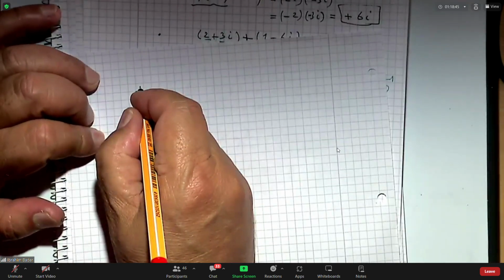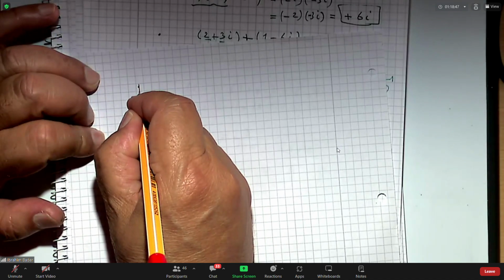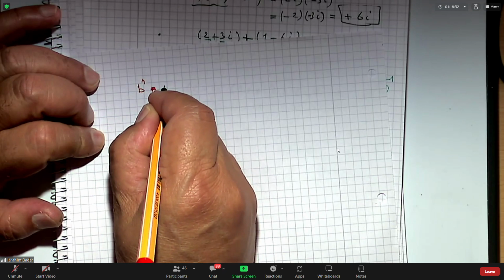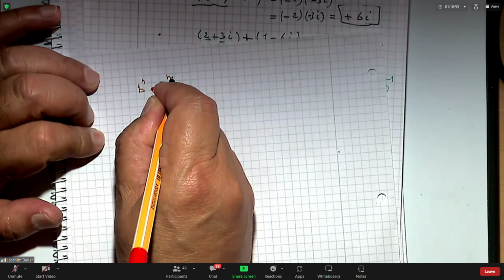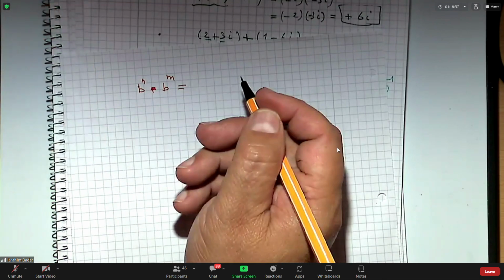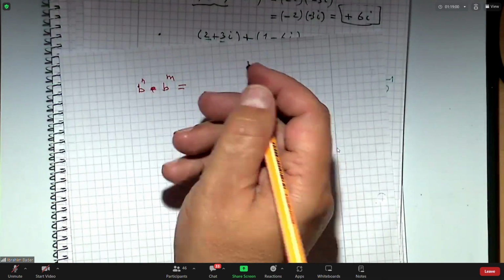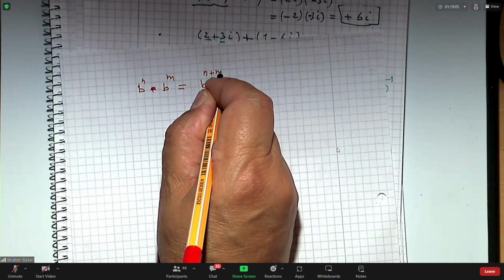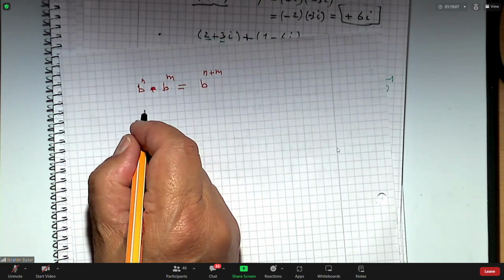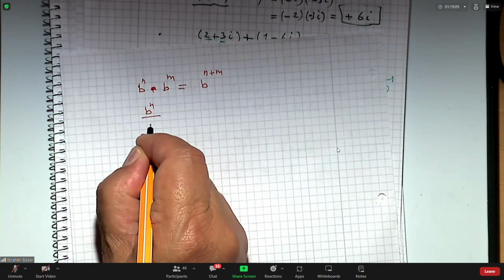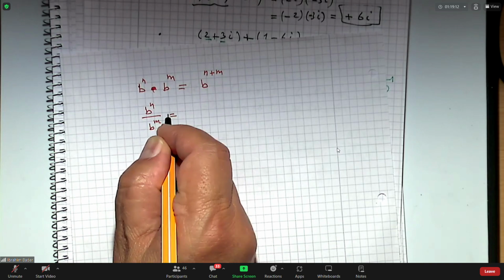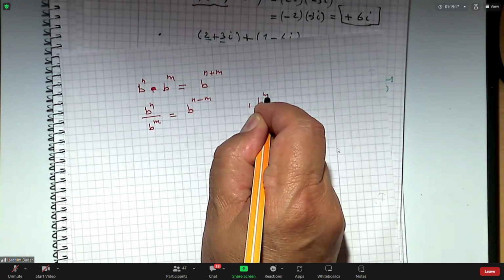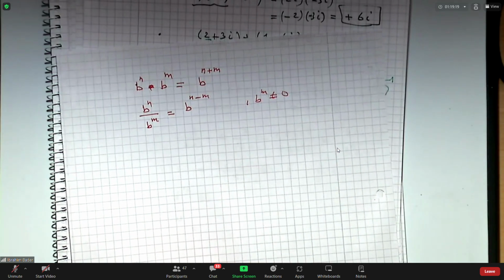So let me remind you, if I have b to the power n multiplied by b to the power m, what is the result? n plus m, right? b to the power n over b to the power m is n minus m, of course where b to the power m is not 0.